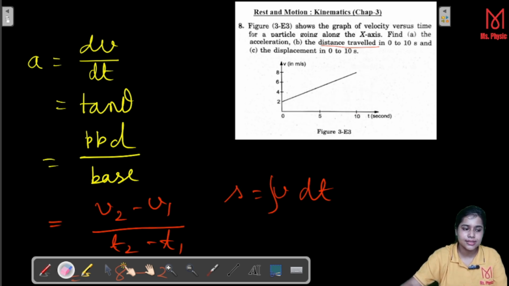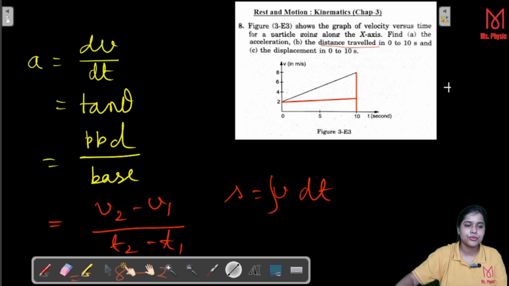There are different ways, but here I am showing you one way. You see that I can divide the total area into one triangle and another rectangle. So here we have to first find the area of this triangle, and also the area of this rectangle.